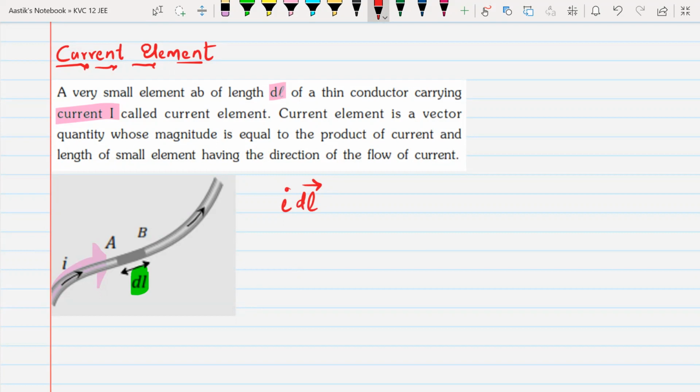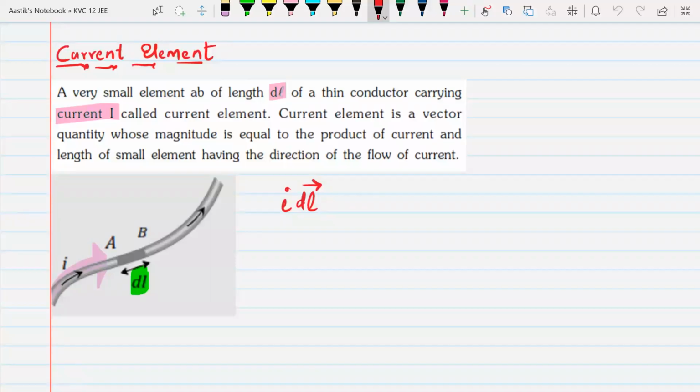So this current carrying element is nothing but the product of I with dl, and this is a vector quantity whose direction is the same as the direction of current. It is a very, very small segment of a current carrying wire, and whatever formula we have devised is based on this small element, which is known as the current element. We understand this, yes or no? Yes, sir. I'll give you 2 minutes to write it down. Remember, it's a vector quantity.